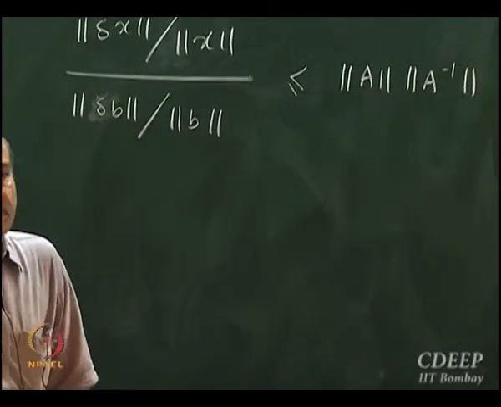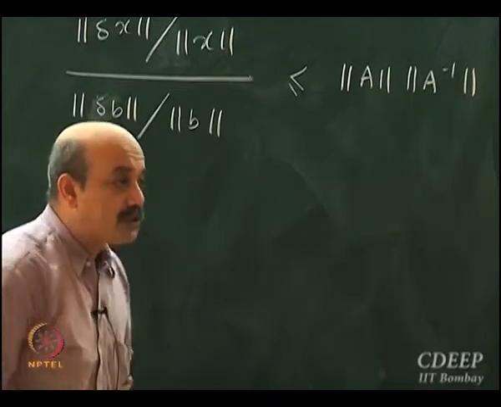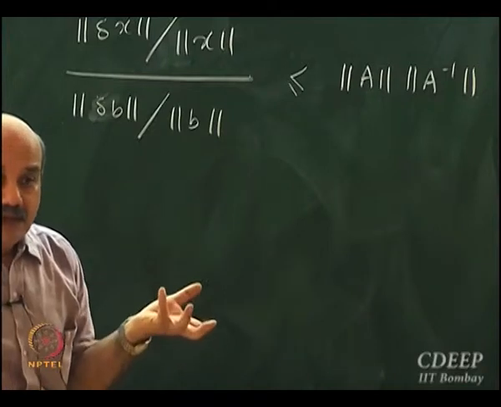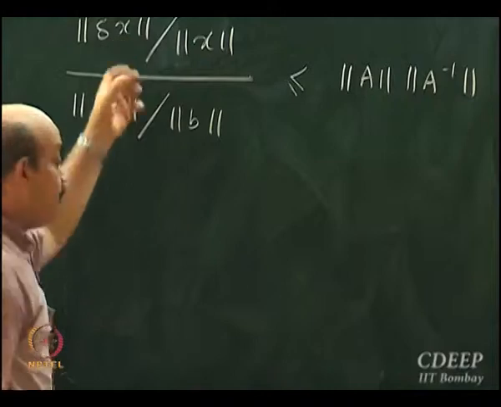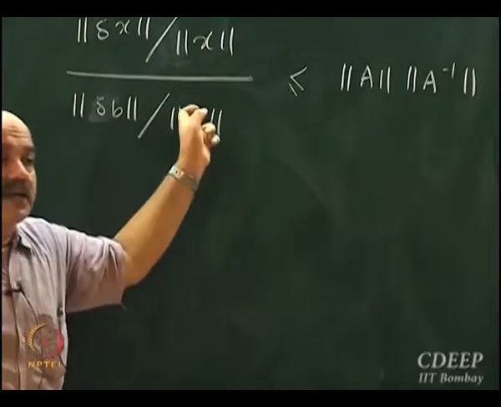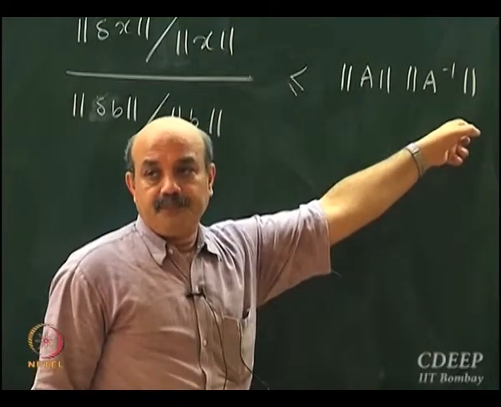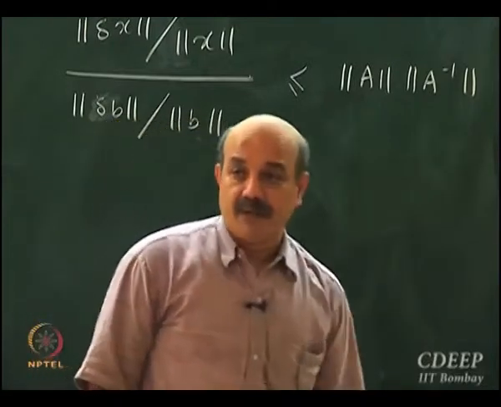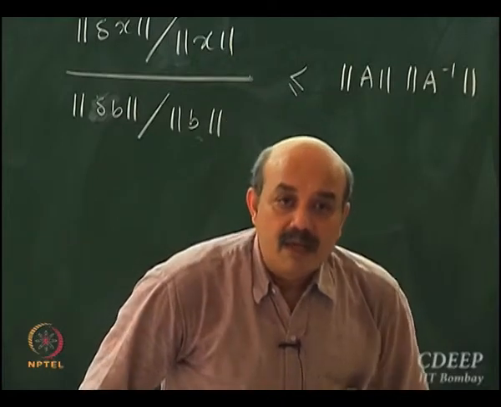So this gives me this fundamental inequality: the relative change in the solution, I am looking at a sensitivity, right? The relative change in the solution due to relative change in the right hand side is bounded by this number. What does it mean?